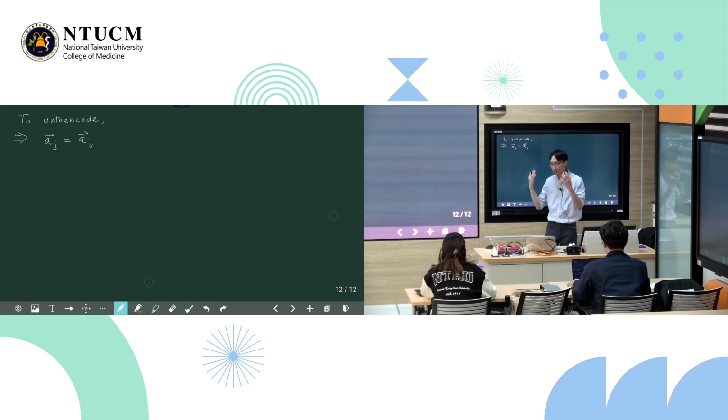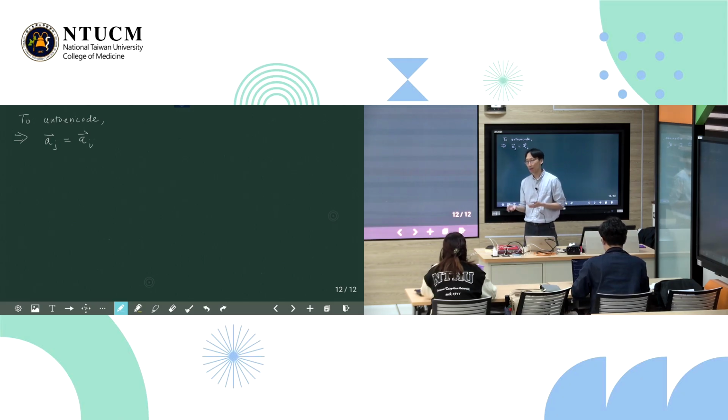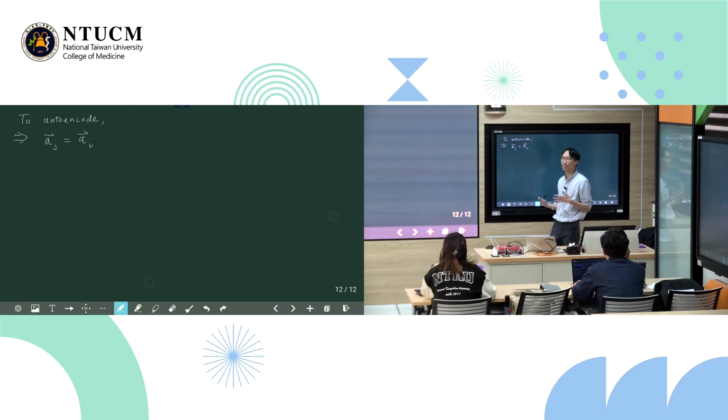Okay? So I have this network. Initially, they are at AI state. They will then become AJ state. But specifically, I want the AJ state to be equal to the AI state. That is the notion of autoencode. It's really weird. You have to think about it a little bit, right? But that's essentially what they're trying to do. Now we specify that AJ is equal to the A's of I in the vector notation, okay?